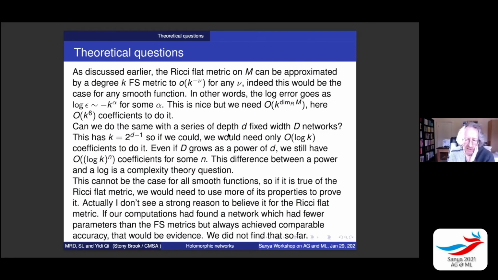This is not some sort of a magic bullet that can represent even Ricci-flat metrics. It certainly cannot represent arbitrary functions to the accuracy of the general approximation at that degree. But I don't think the Ricci-flat metric has some special property that would make the networks better. But again, it's an interesting open question to understand.